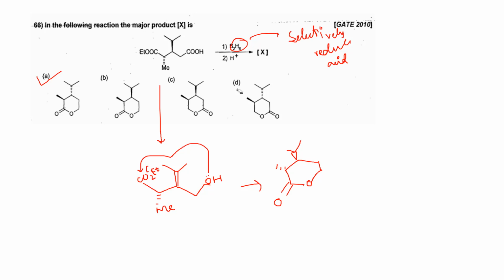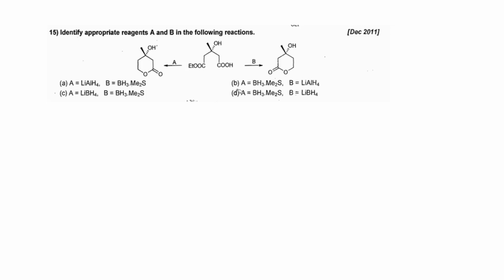So let's go to our next question. Identify the reagents A and B in the following reaction. I have told already that if there is an acid, that will be reduced by BH3, and if there is an ester, that will be reduced by lithium aluminum hydride. Now they have given a substrate and added two different reagents to get two products.